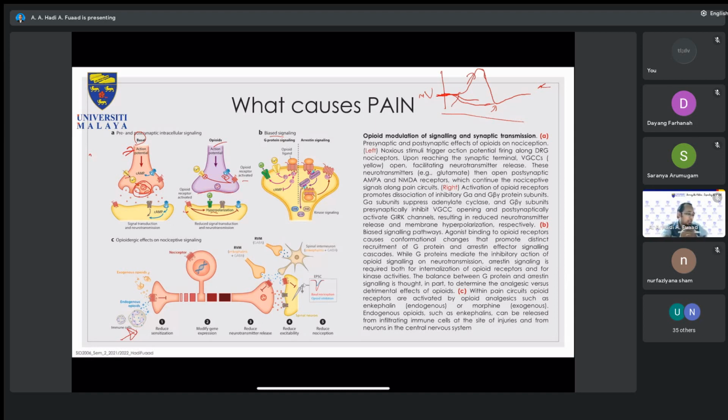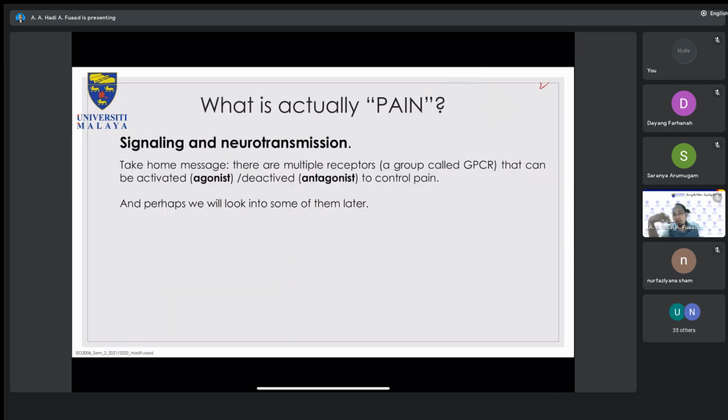The take point is, again, there are multiple receptors, and these are normally G protein coupled receptors, or GPCRs. These GPCRs can be activated or deactivated to control pain. Activated means there's an agonist, deactivated means there is an antagonist, a molecule that either activates or deactivates the receptor itself.